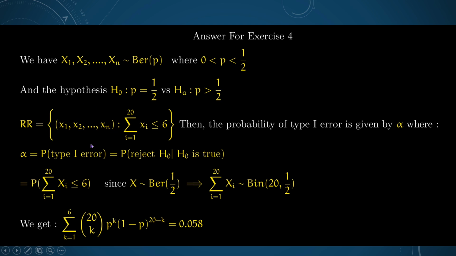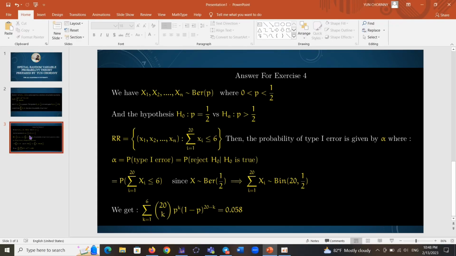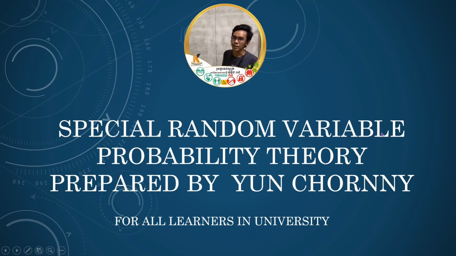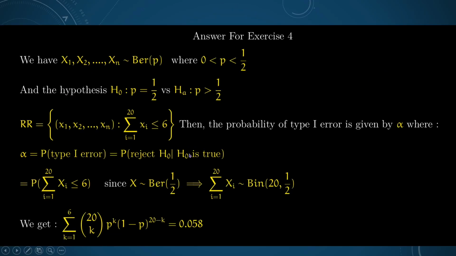Such that the sum of h_i from 1 to 20 is less than or equal to 6. Then the probability of type 1 error is given by alpha.